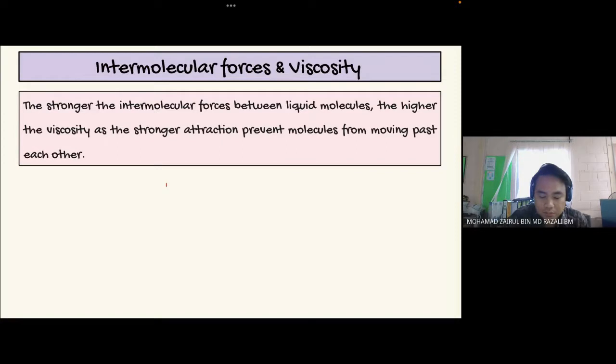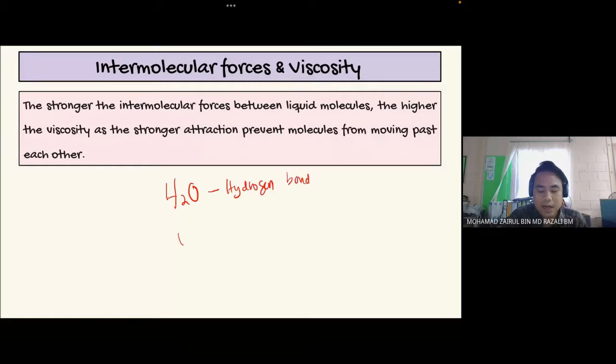Sebab water, we know that inside water kita ada hydrogen bond. Dalam honey, disebabkan honey ini adalah organic compound, honey ada carbon, ada hydrogen. So carbon and hydrogen, any compound ada carbon and hydrogen, we call it as a non-polar.